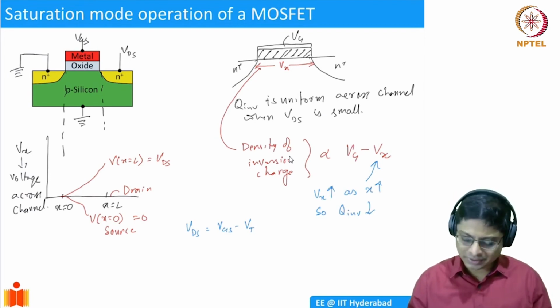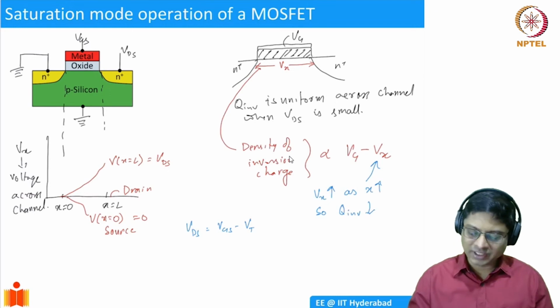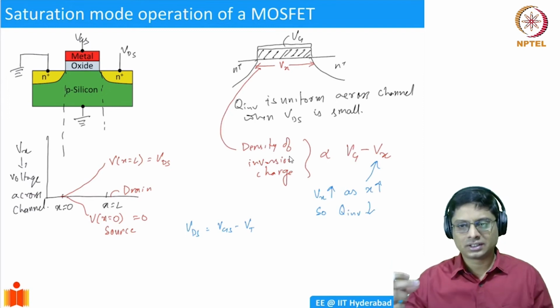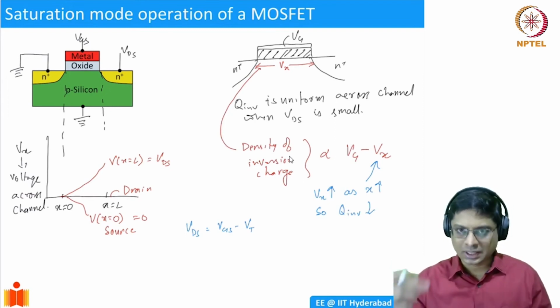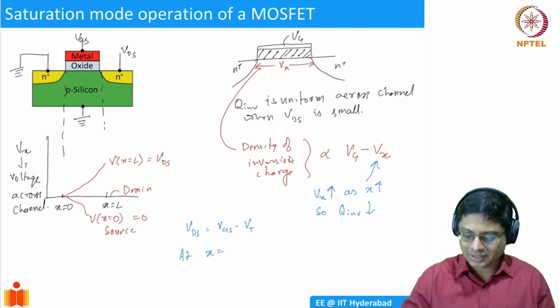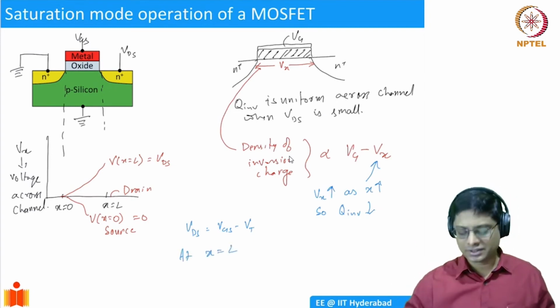It will become clear in a moment. So if my VDS equal to VGS minus VT, what is the voltage which is applied across the capacitor at X equal to L, let's say at the drain edge, my voltage which is sustaining my Q inversion?